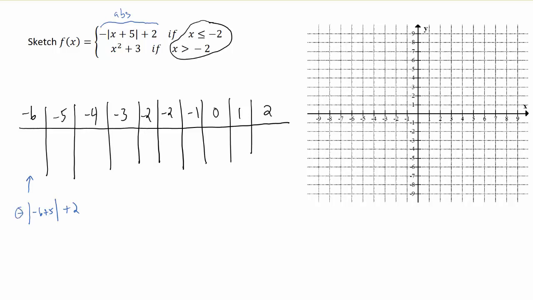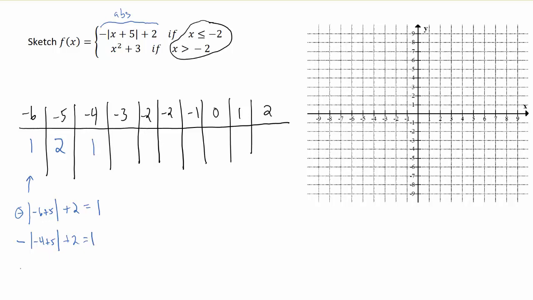That's -1. -1 plus 2 is 1. If x is -5, I'd have -5 plus 5 is 0. Absolute value is 0. Plus 2 is 2. If x is -4, the absolute value of -4 plus 5, that's 1. Change the sign. -1 plus 2 is again 1.